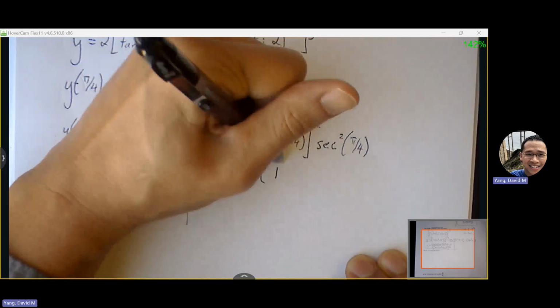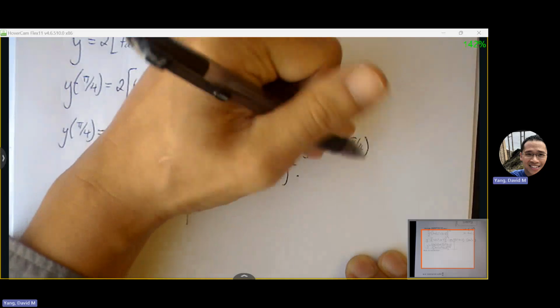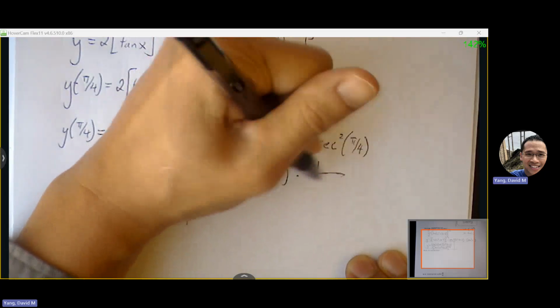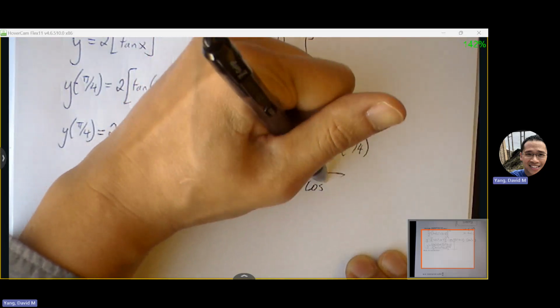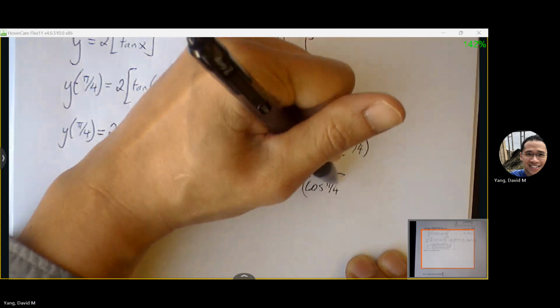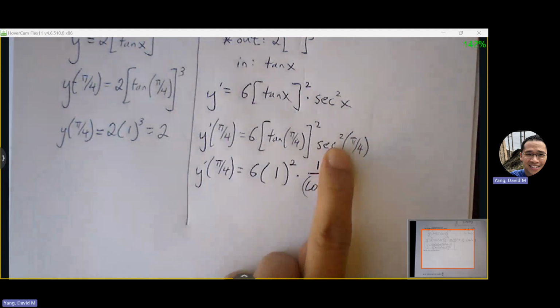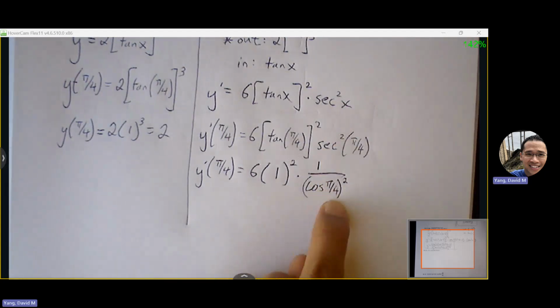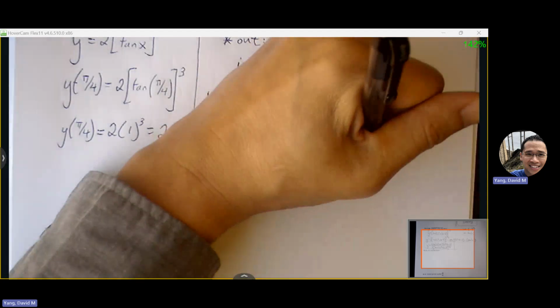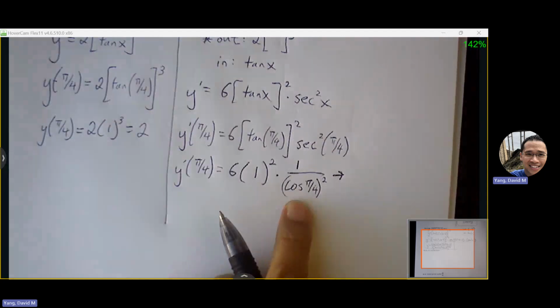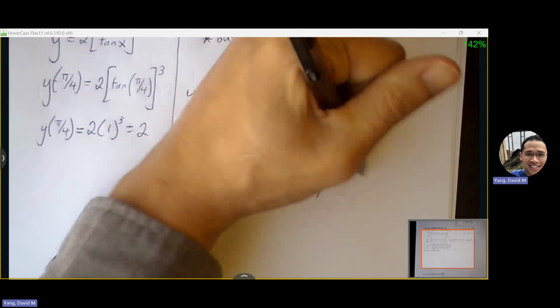Tangent of pi over 4, again, we know is 1. That's nice. Secant squared of pi over 4, I will rewrite it as 1 over cosine pi over 4, and then square that. Again, anytime you see a shorthand, it's just easier to have it outside a set of parentheses or bracket, so you're making sure that you're evaluating correctly. Cosine of pi over 4 is root 2 over 2.